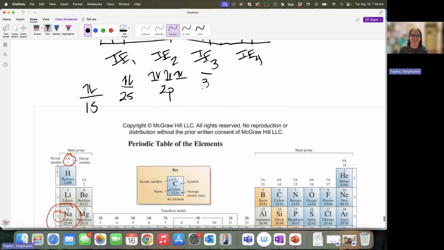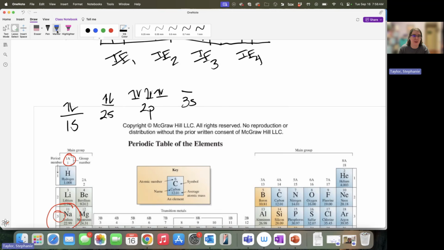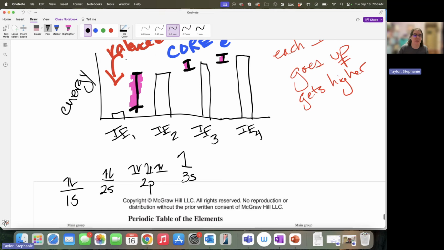Yay, 3s. I can get it all on one page. 3s, 1. So when we talk about this first ionization energy, we are in fact removing this electron. And notice it's the only thing in n equals 3. So this was the valence electron of sodium. Everything else in the sodium atom has a smaller value of n than that first electron.